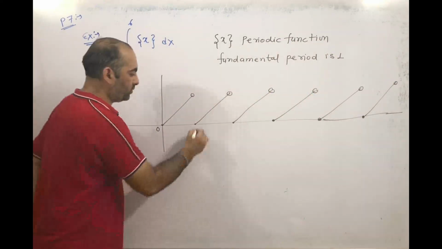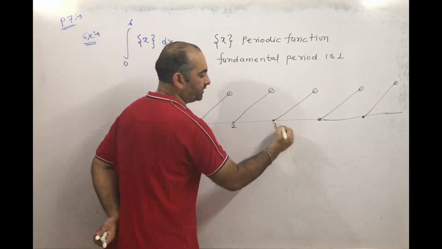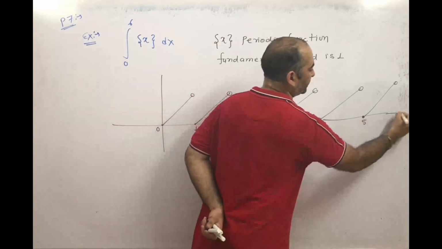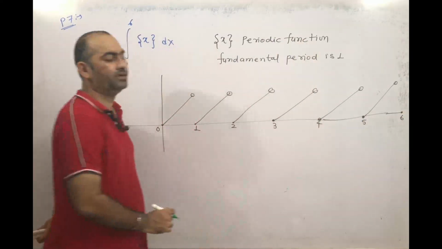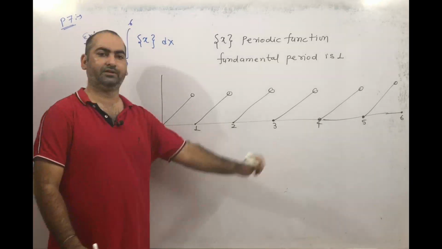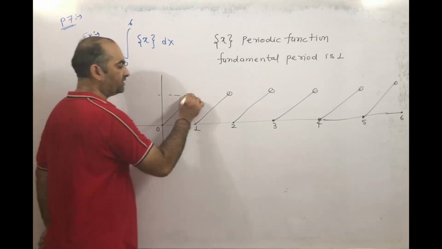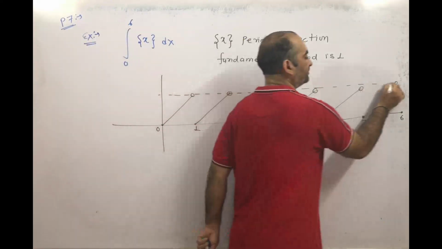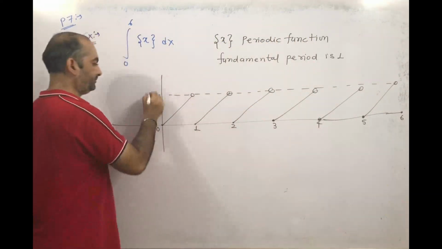This is 1, this is 2, this is 3, this is 4, this is 5 and this is 6. Till 6 we have to find out. So this graph will come, and the height will always be 1.